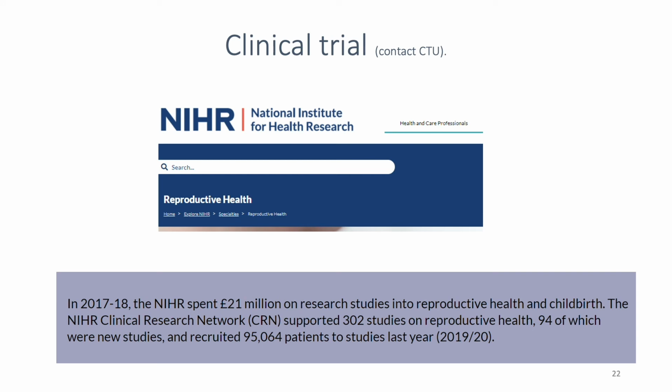The next type of study that is very commonly performed is a clinical trial. Now, clinical trials are actually very challenging to do well, particularly in assisted conception. There are a large number of complexities to delivering a clinical trial. And as a consequence, I'd strongly recommend that if you're thinking of performing one of these, that you contact your local clinical trials unit.